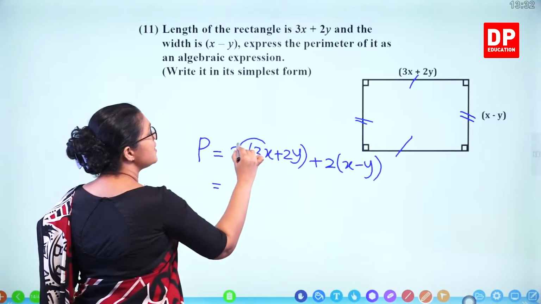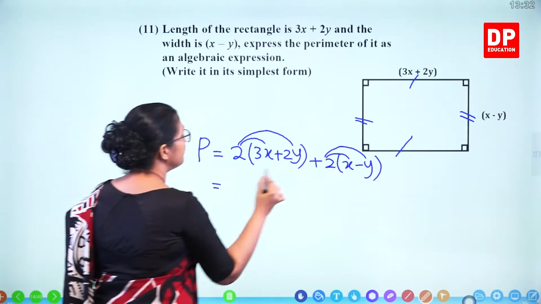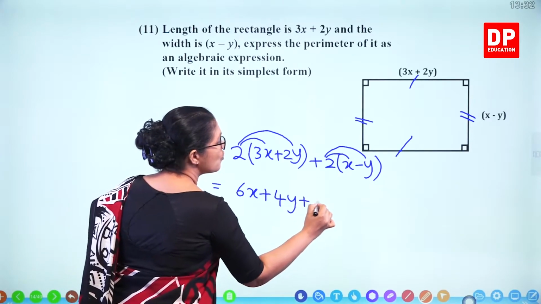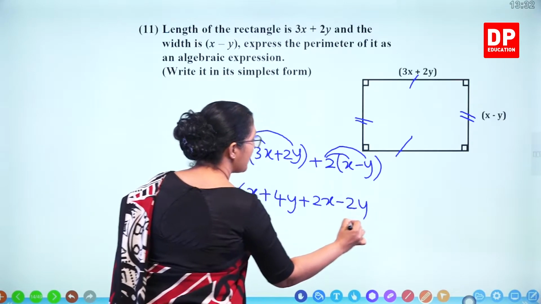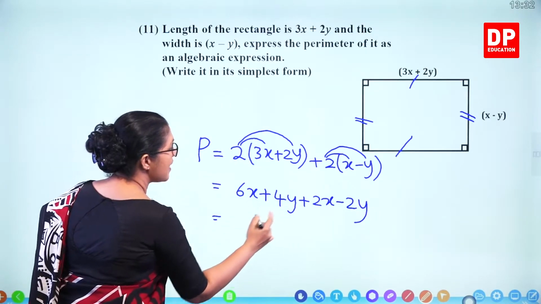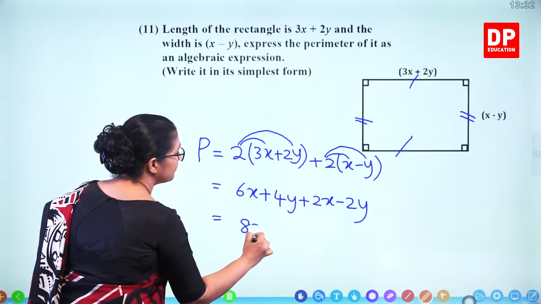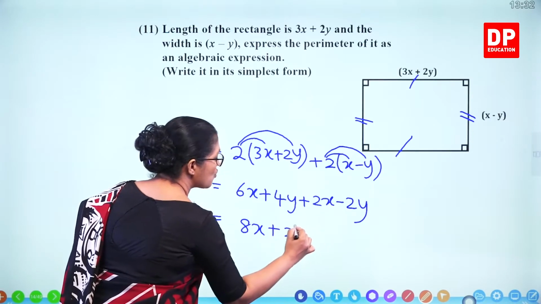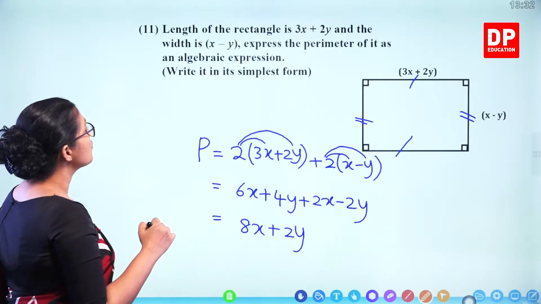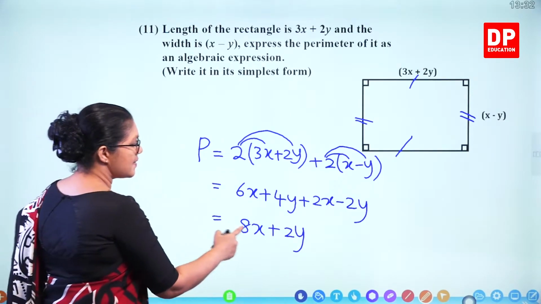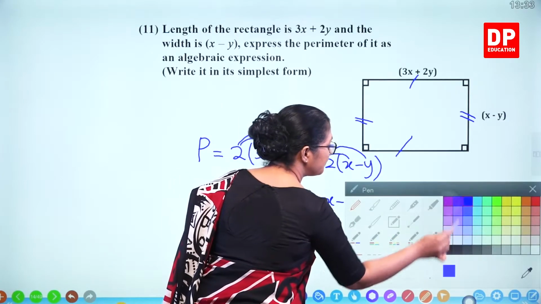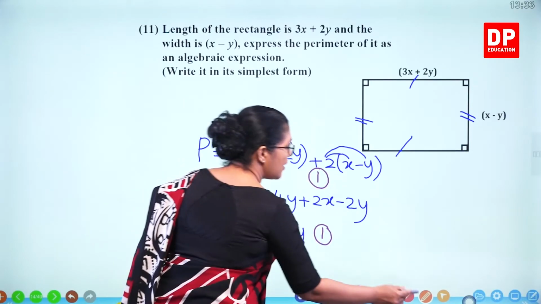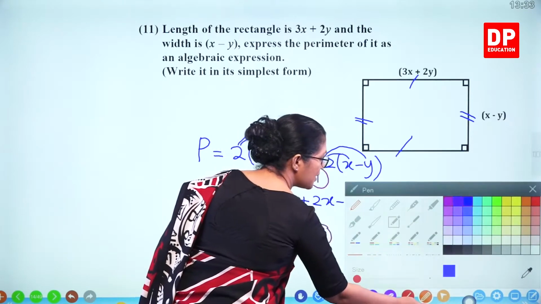Now expand brackets and simplify. 6x plus 4y plus 2x minus 2y. 6x and 2x is 8x. 4y minus 2y is plus 2y. So the perimeter is 8x plus 2y. So how many marks? 2 marks: 1 mark here and 1 mark for the method.